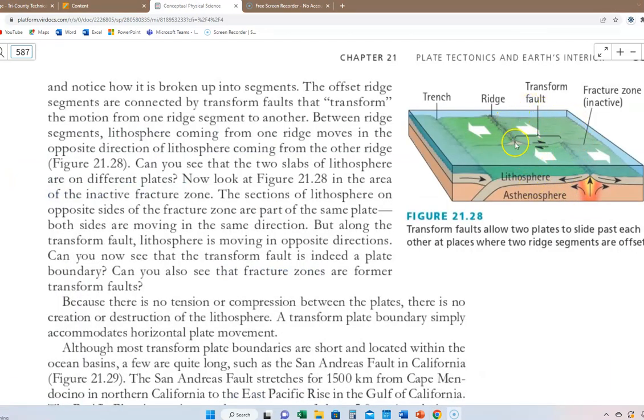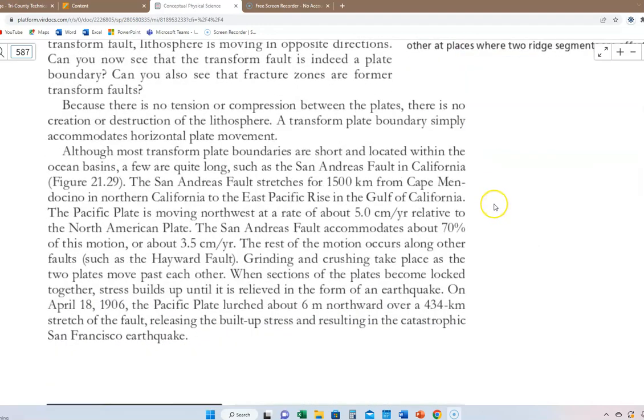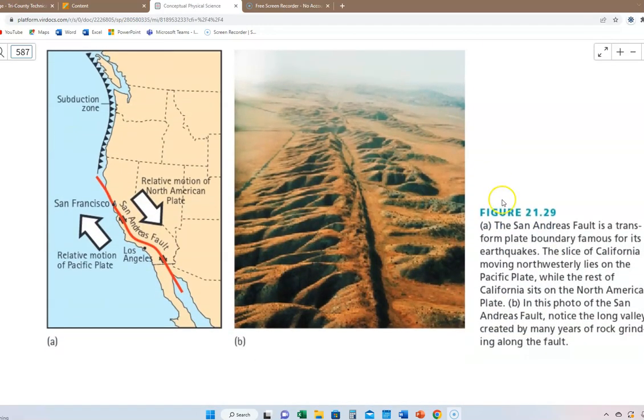So this is the transform boundary. It's when two plates are slipping past each other, but it will create these ridges. This picture right here is part of the San Andreas Fault, and these are the ridges. You get these ridges on either side of this where the boundaries are slipping past each other, right?